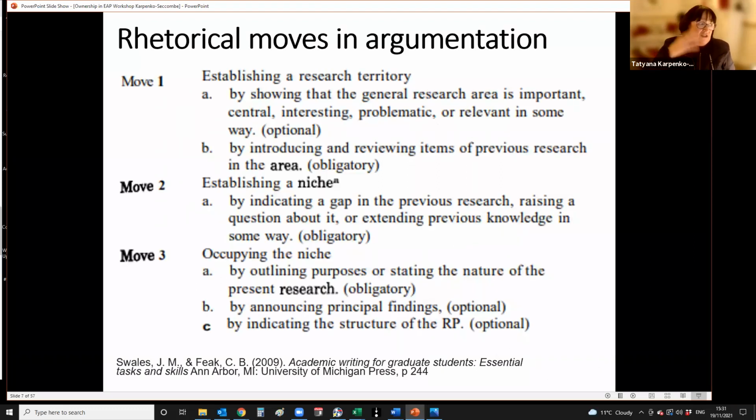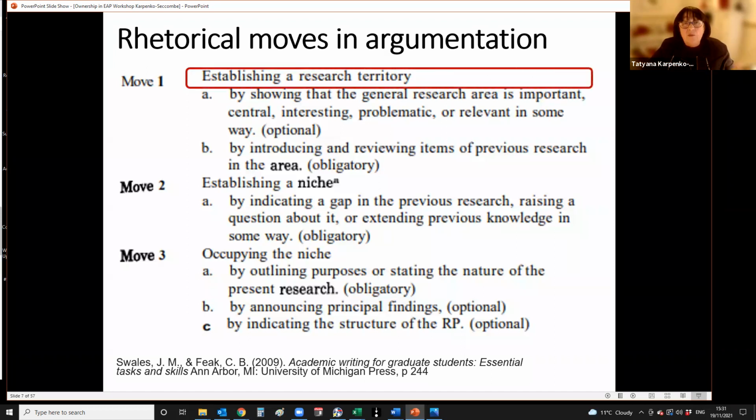So in talking to students about developing an argument, I take as a point of departure the rhetorical moves by Swales and Feak, and I will show how we can help students to understand these moves and see examples by using corpora.